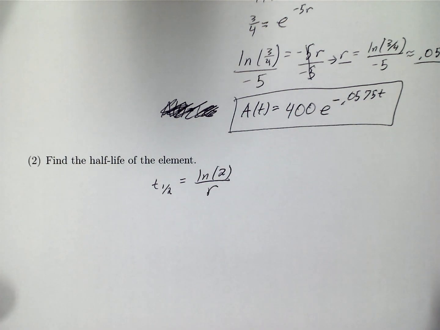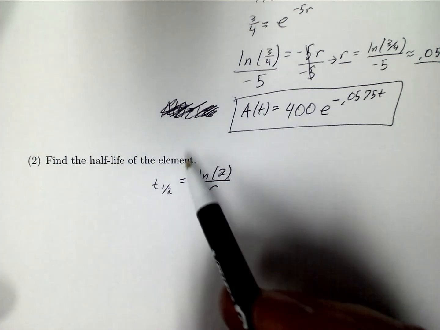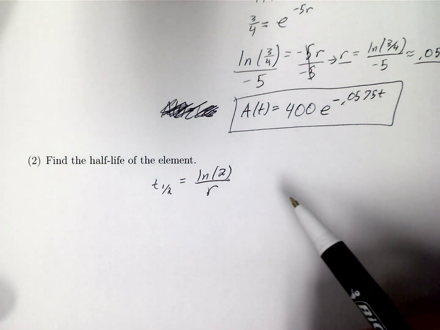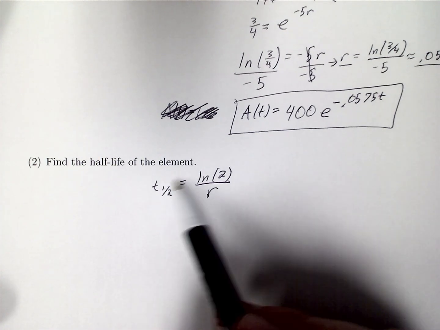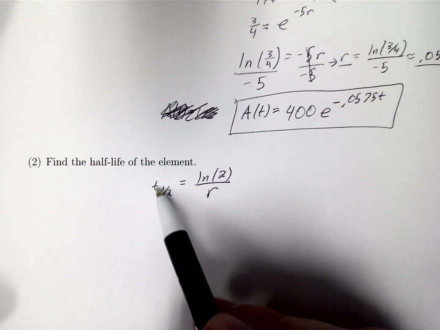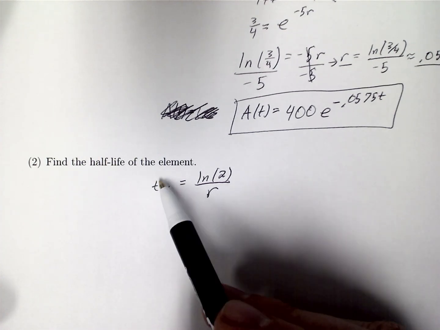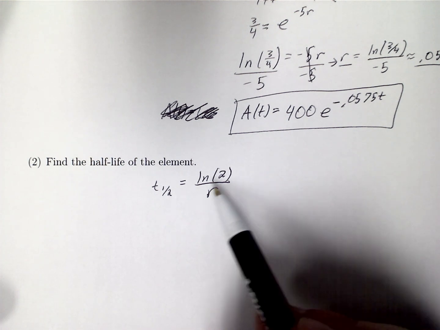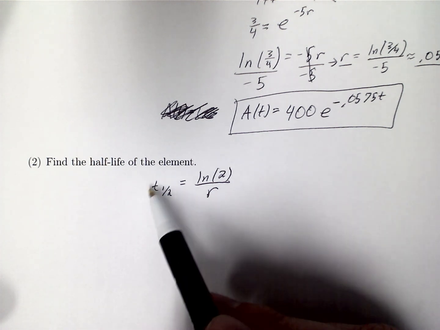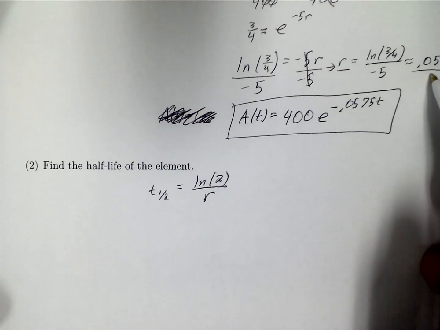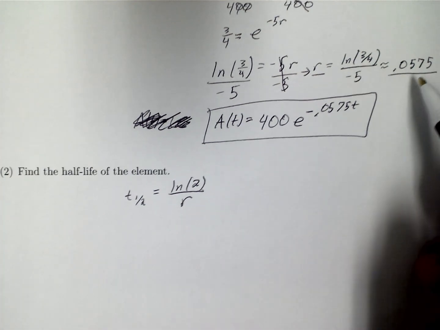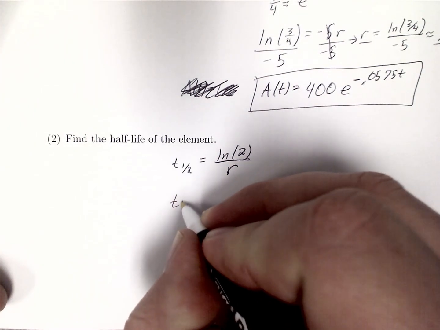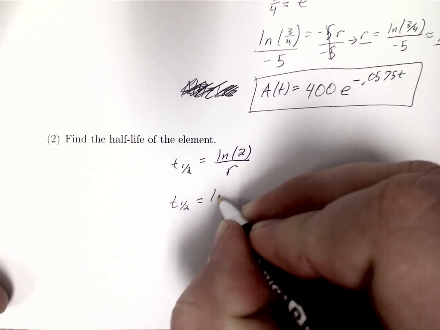This formula is pretty straightforward, but it basically says if you have the half-life in time, then you have the relative decay rate. And if you have the relative decay rate, then you have the time. Since we literally just got done solving for the relative decay rate, we're going to plug this in straight away, and we're going to get our answer.